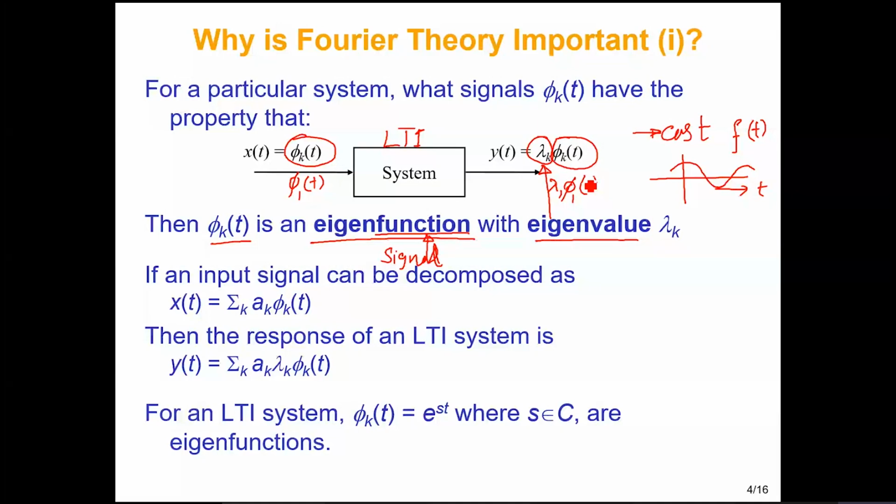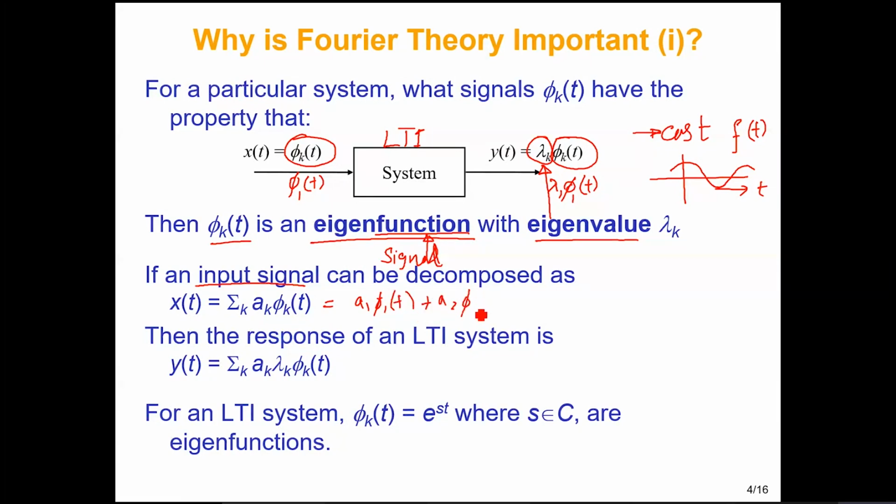How is the eigenfunction concept useful for us? It will be very useful if we can somehow represent our input signal as a scaled sum of eigenfunctions: some scaling factor times phi 1(t) plus some scaling factor times phi 2(t).